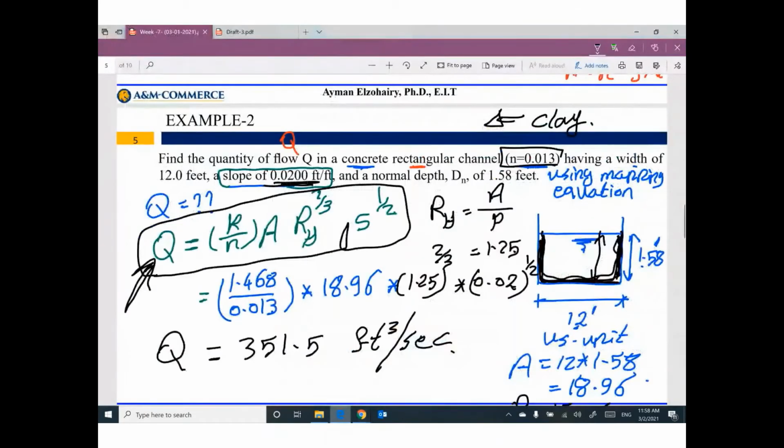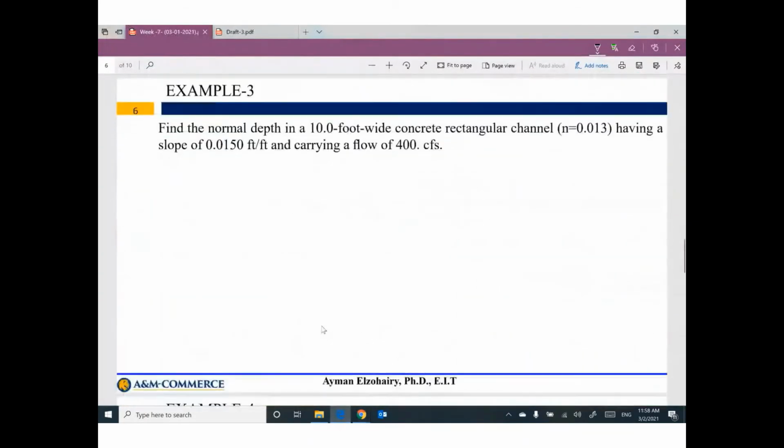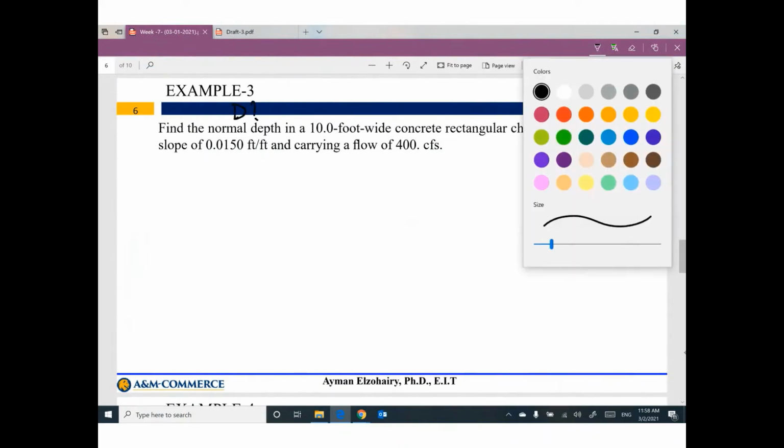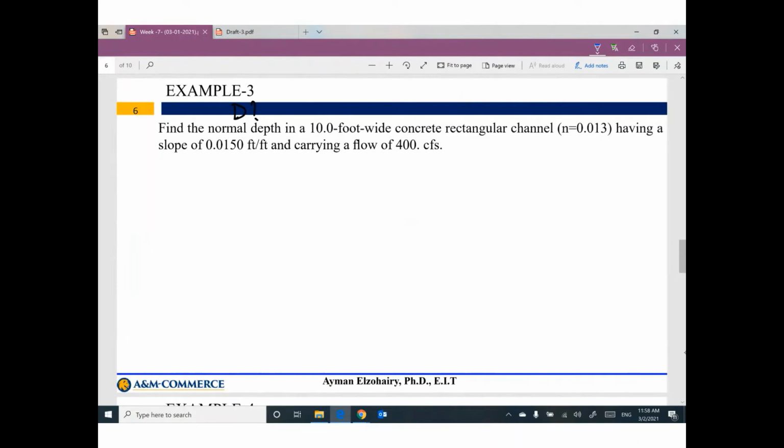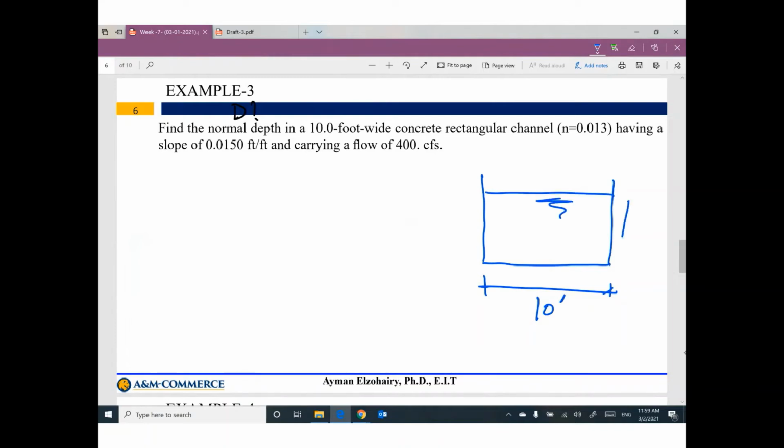One more example. What is the normal depth? Wow, the normal depth is unknown. In a 10 feet wide concrete rectangular channel, the depth of water is unknown.